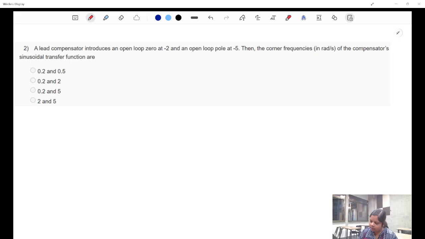Okay. Let's move to this question. A lead compensator introduces an open loop zero at -2 and an open loop pole at -5. Then the corner frequencies are what?